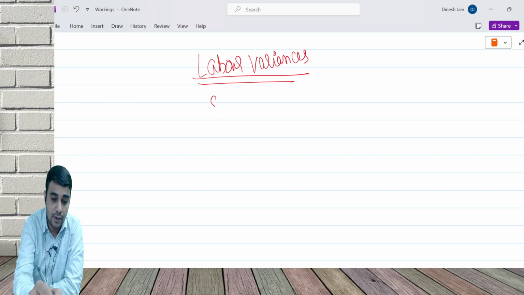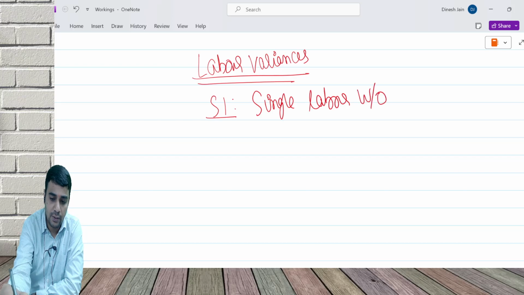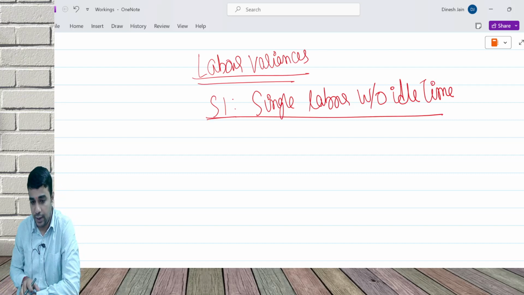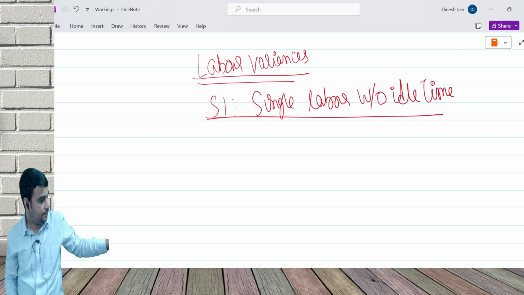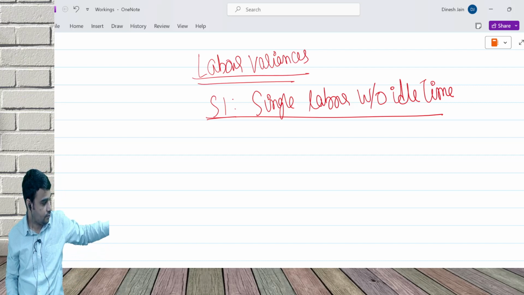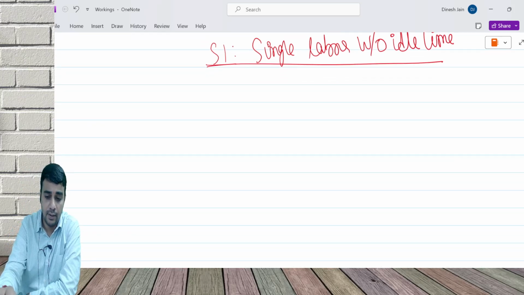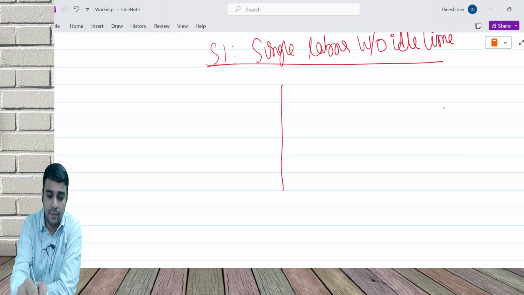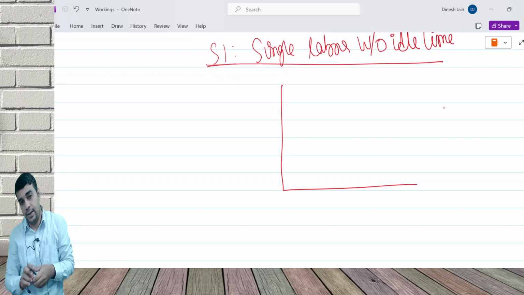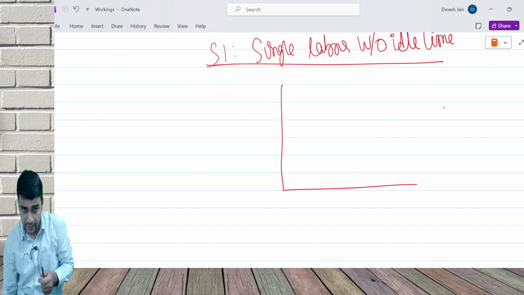Situation 1, write along with me. Situation 1, single labor without idle time. Almost similar requirement. For material variances, the two components were price and quantity.